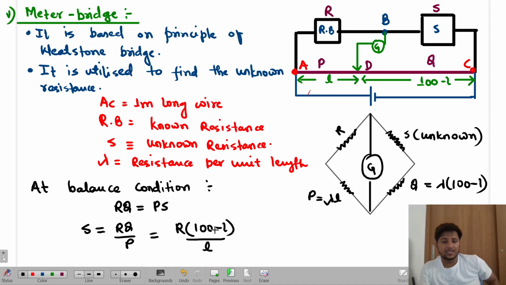Remember that if I include 100, then L is in centimeters. Is that clear? Are you able to get me?